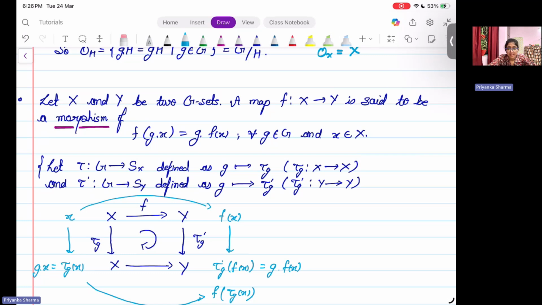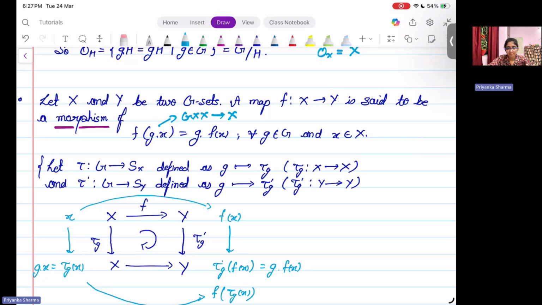Then a map, say f from X to Y, is said to be a morphism if we have this condition: f of g dot x is the same as g dot f of x, and this should be true for all g belonging to G and x belonging to X. See, g dot x comes from G cross X to X, so g dot x is an element of X, and f is working on X. So f of g dot x will be the same as g dot f of x.